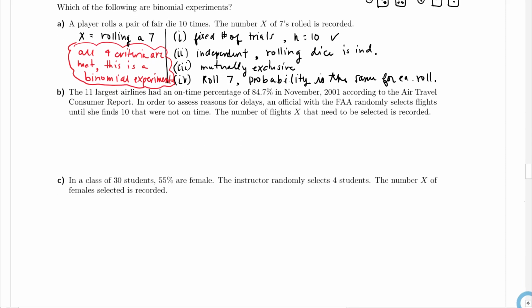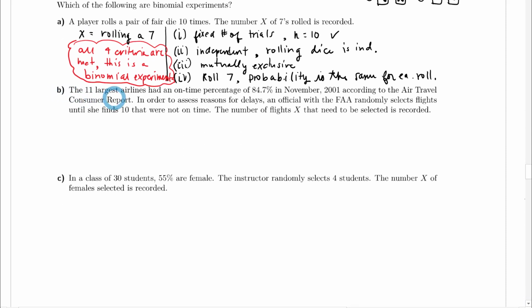So let's talk about the second one, which is airlines. The 11 largest airlines had an on-time percentage of 84.7% in November. In order to assess reasons for delays, an official with the FAA randomly selects flights until she finds 10 that were not on time.